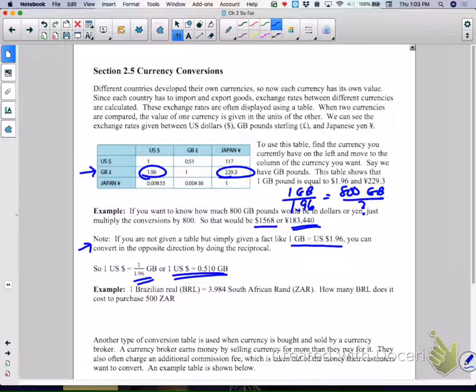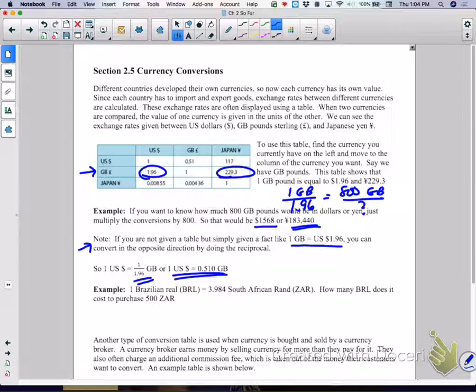Okay, so an example: we have one Brazilian real, which is abbreviated BRL. That's equal to 3.984 South African rands. How many Brazilian reals does it cost to purchase 500 South African rands? In this case, they told me how many rands are in a real, and I need to know the other direction.